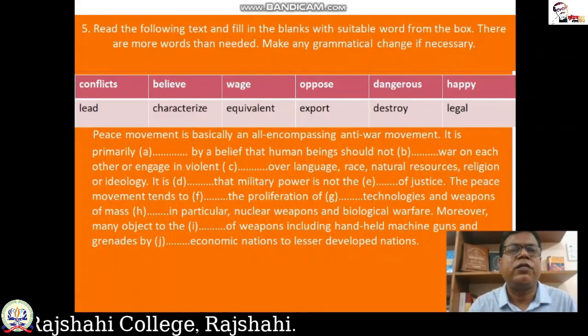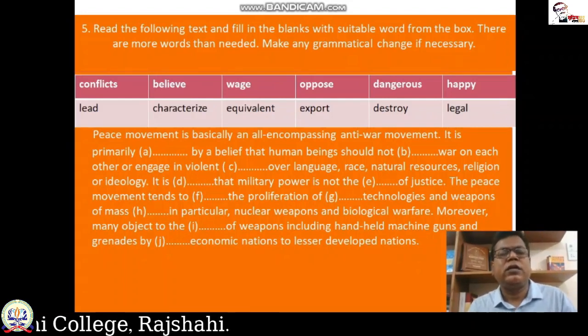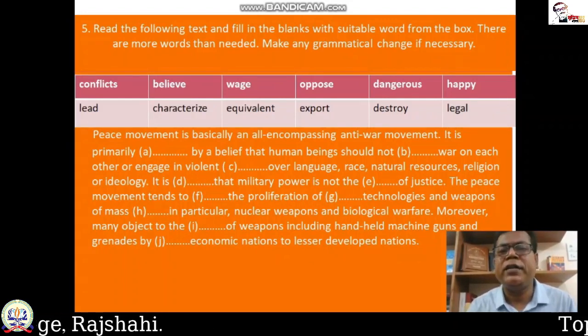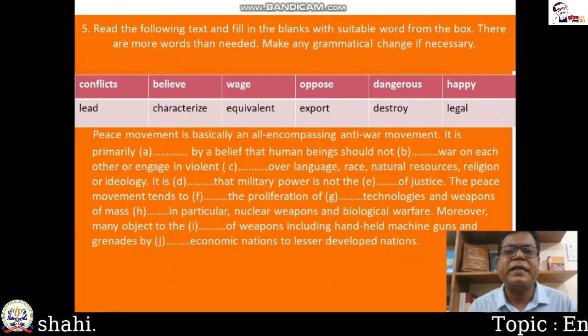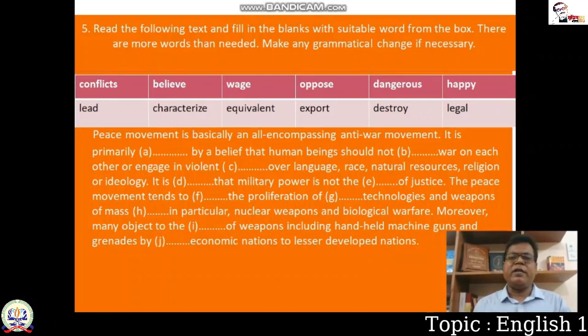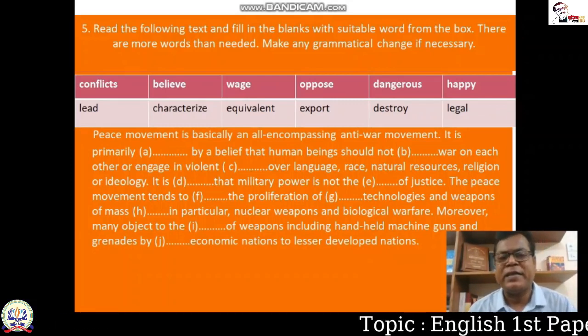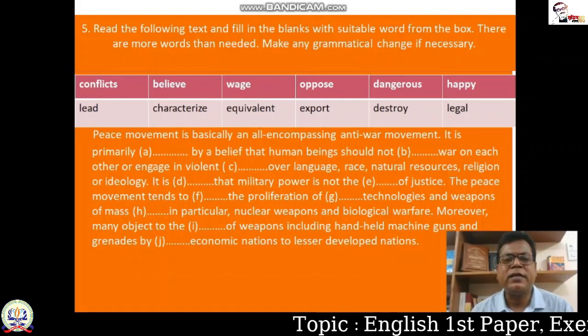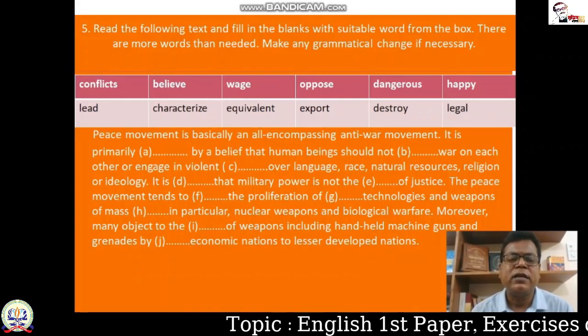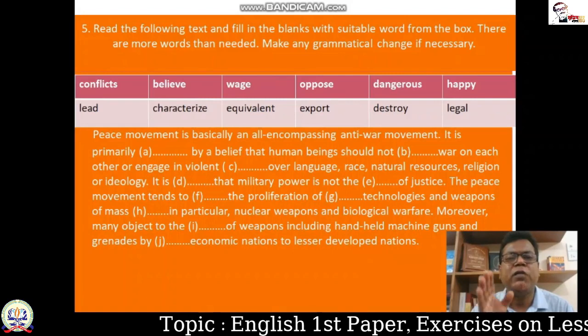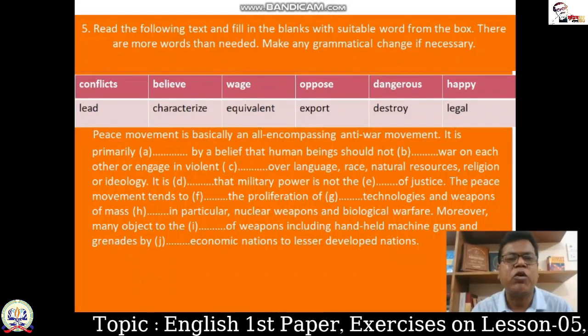Cloze test with clue. Here you will find the clues or hints in the box, and below the box you'll find a passage, and in the passage you'll find 10 blanks. You have to fill in the blanks with the words given in the box.